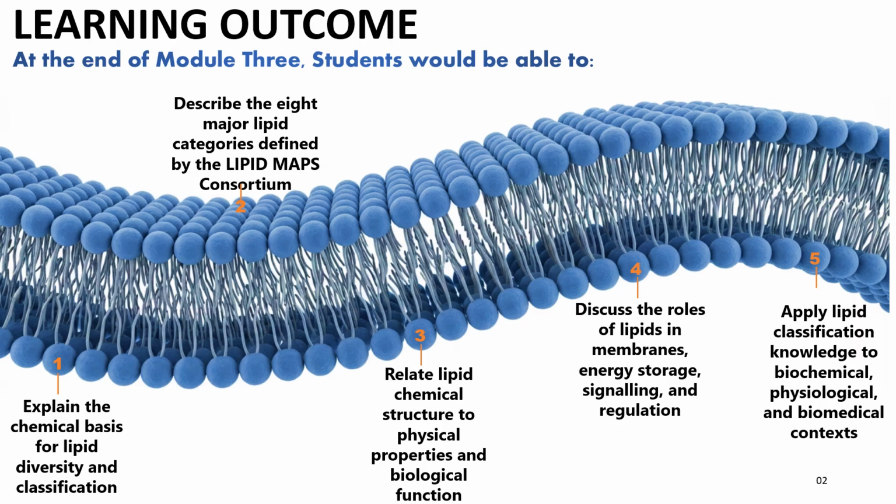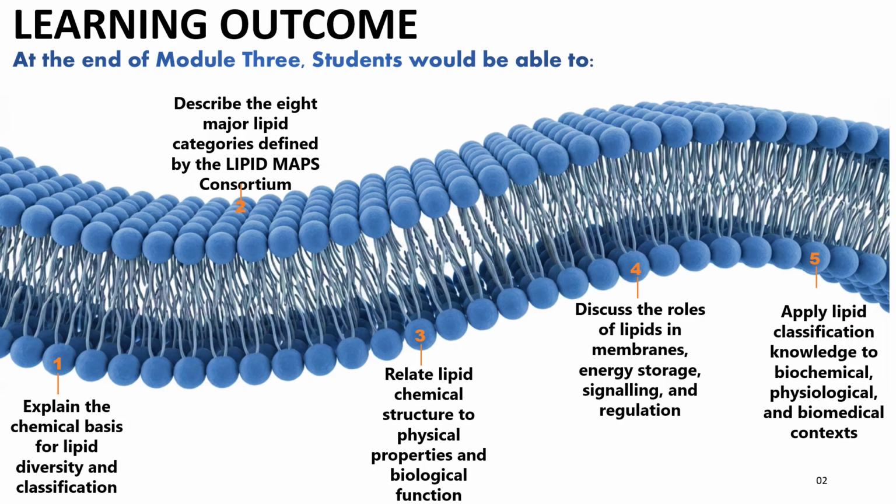In this module, we will examine lipids from a chemical and biological perspective. By the end of this module, you should be able to: 1. Explain the chemical basis of lipid diversity and classification, recognizing why lipids do not fit into a single structural pattern. 2. Describe the 8 major lipid categories defined by the Lipid Maps Consortium, which represents the modern framework for lipid classification. 3.